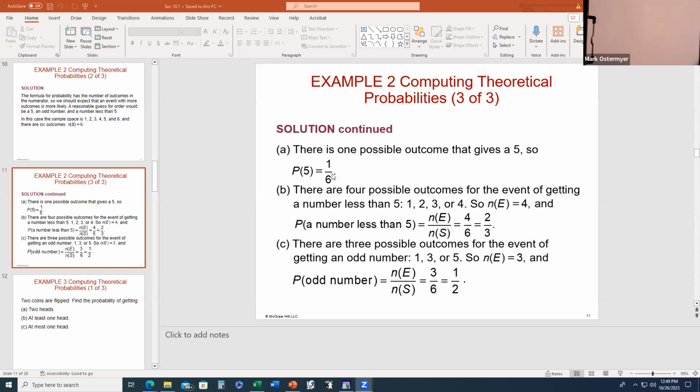That's going to be a repeating decimal, exactly 0.16666 repeating. So we would call that approximately a 17% chance. And if you wanted to cite this as a decimal, you would say approximately 0.17 if you round it off. Okay.